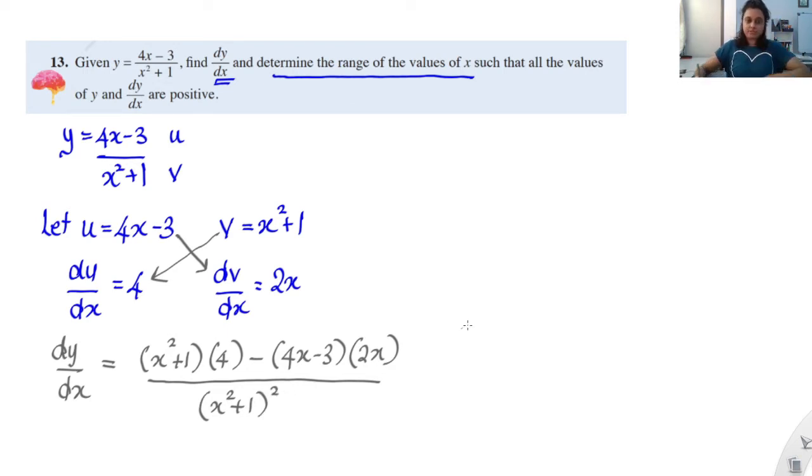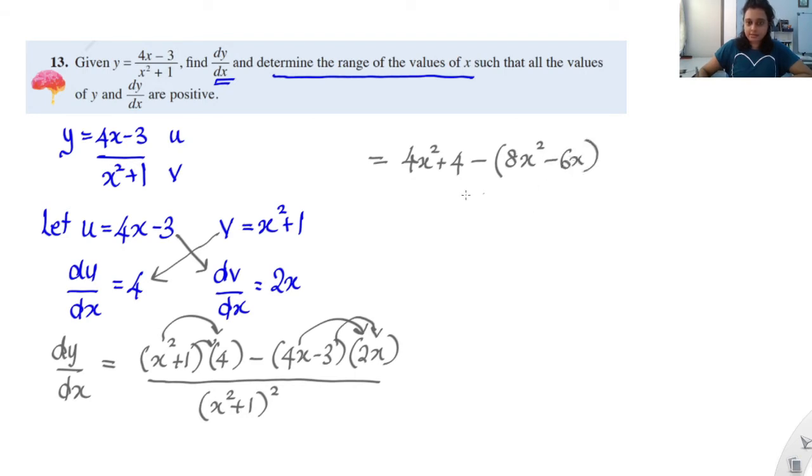Okay, now let's solve this. The top one we can solve. We will get 4x squared plus 4, expanding. Minus, here expand, we get 8x squared. Here expand, we get minus 6x, over x squared plus 1 squared.